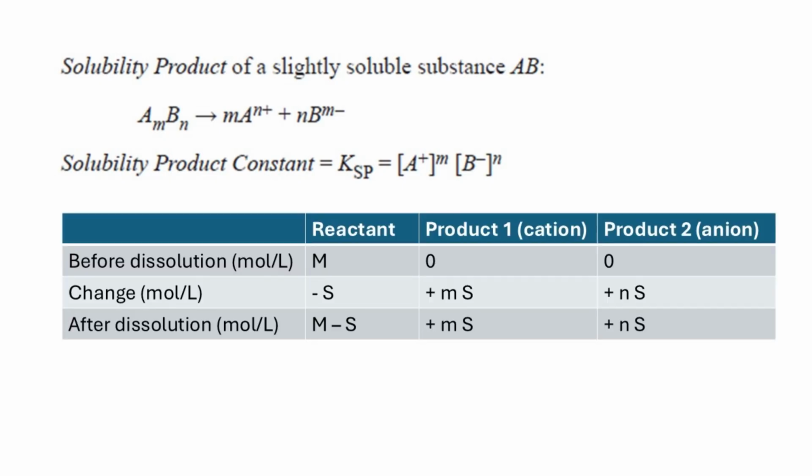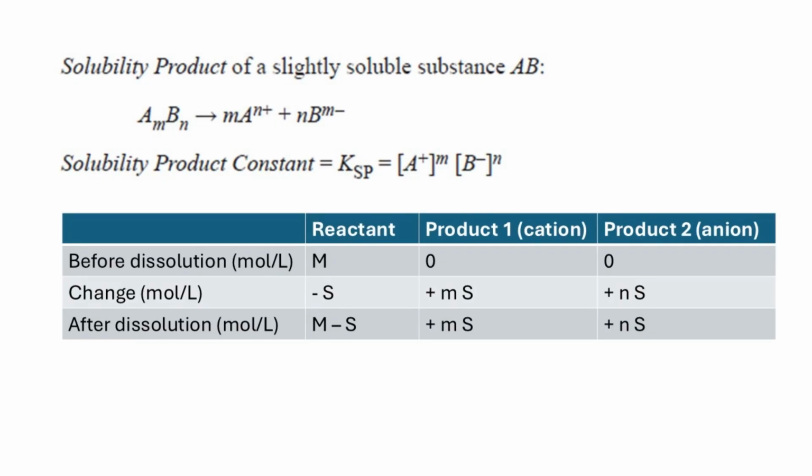Let's create a table to show the mass shift from solid phase to the liquid phase. Before the dissolution starts, we have m moles of solid salt to be added to 1 liter of water. No ions exist yet because the dissolution hasn't started yet.